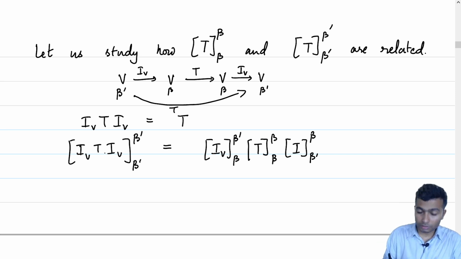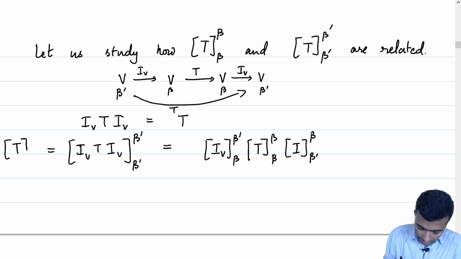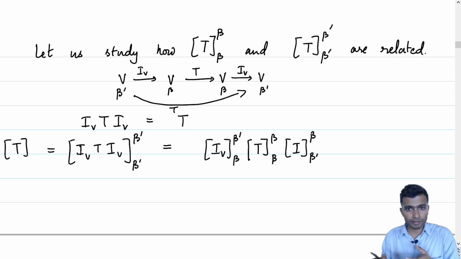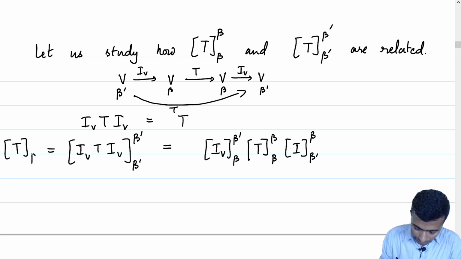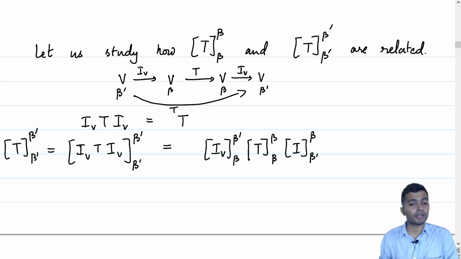But this left hand side is nothing but T, because I_V T I_V is just T, and this is with respect to beta prime and beta prime.